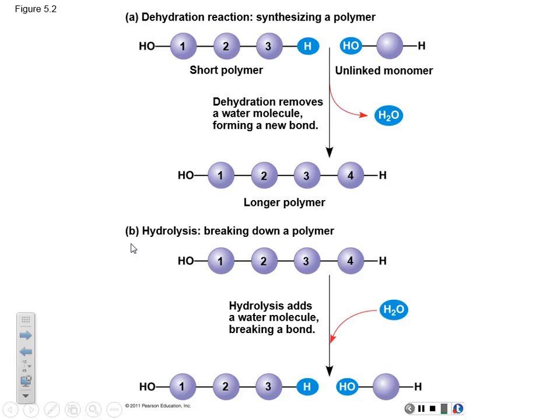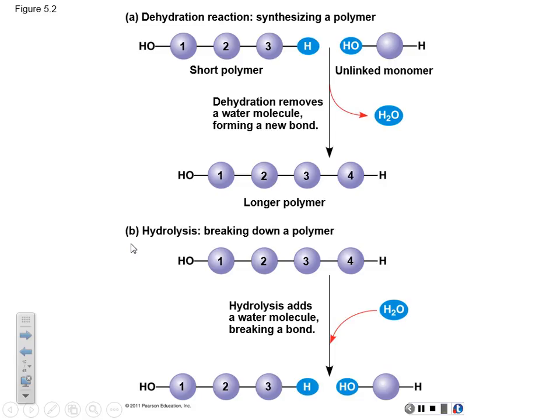So, note that the new monomers that are getting added on get added on to the end, right? We're not slipping them in the middle. The new monomer doesn't come in between 2 and 3. It gets tacked on to the end. And also note this.